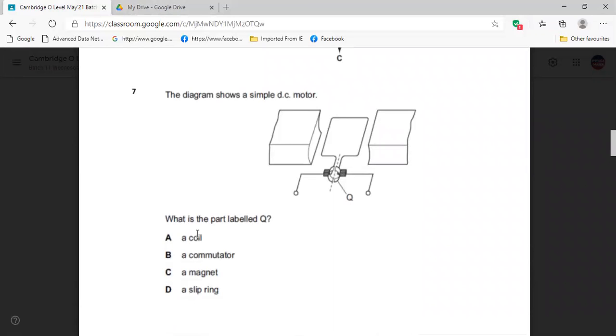7. The diagram shows a simple DC motor. What is the part labelled Q? D, a slip ring. Oh no, it's commutator. Sorry, sir. Yes, it's a commutator.